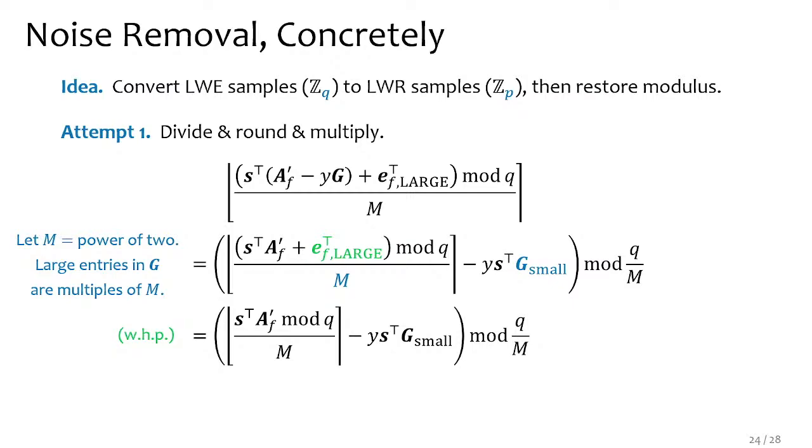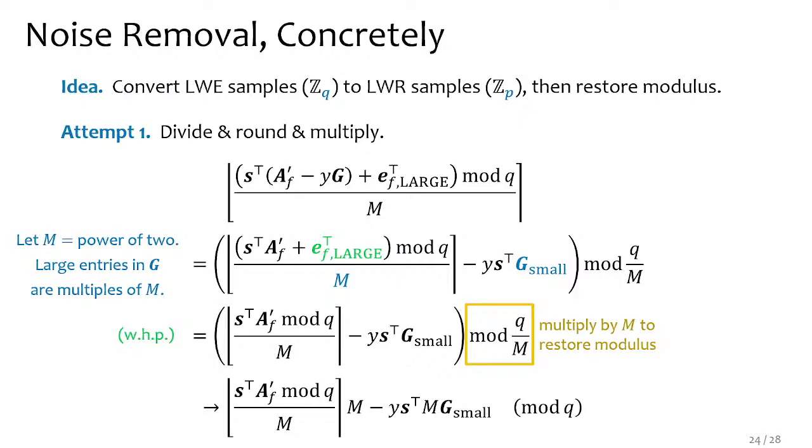After this, what you obtain only makes sense mod q over m. So the next thing you do is to multiply by m and restore the modulus to q. And you will get, well, the first part is just going to be the remove noise function applied on a noiseless encoding, and the second part is the payload.